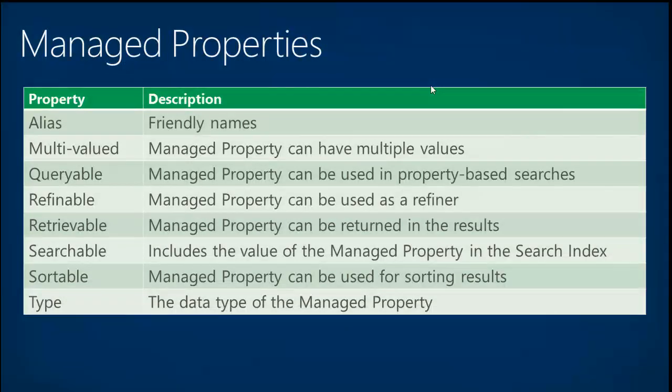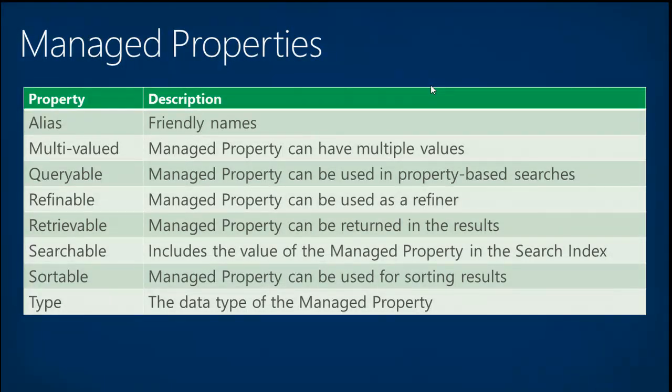And that opens up a lot of really interesting possibilities, right? Like people love to have things sorted alphabetically. I'm not exactly sure why. The search engine goes to all this trouble to decide what item it thinks is most important to you and put it at the top, and then people go, how come it's not sorted alphabetically? Okay, sorted alphabetically, it goes all the way to the bottom. But anyway, if you really wanted to do that, you could do that by setting the sortable property, and you can see some of the other ones here.